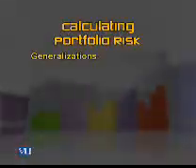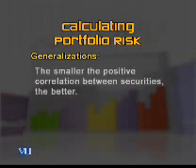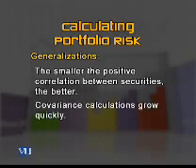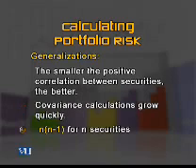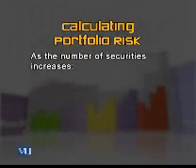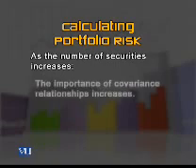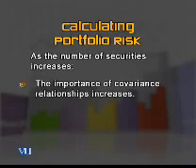What about generalizations in calculating portfolio risk? Generalizations would mean the smaller and more positive the correlation between securities, the better. Also, covariance calculations grow quickly, and as the number of securities increases, the importance of covariance relationships increases as well.